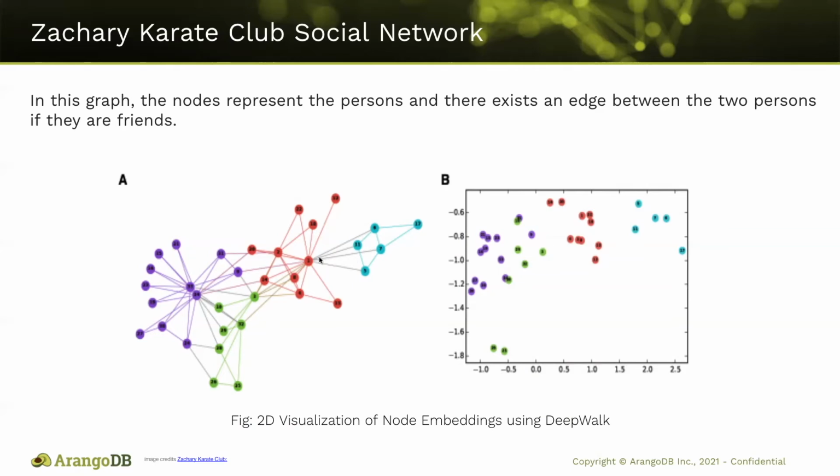If you analyze both of these diagrams, you will find that the mapping of nodes from a graph structure to an embedding space, represented as figure B, is learned in such a manner that the distances between the nodes in the embedding space mirror closeness in the original graph, which means that we are preserving the structure of the node's neighborhood.